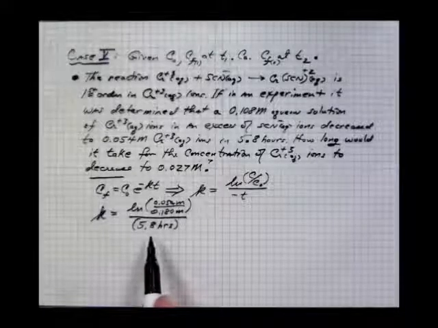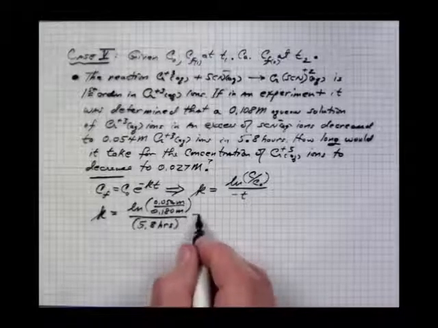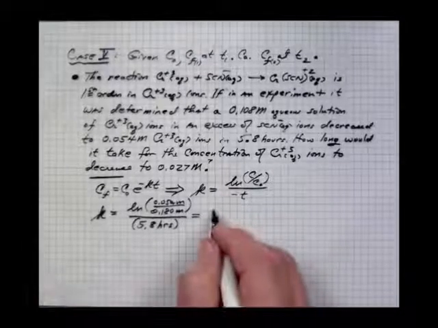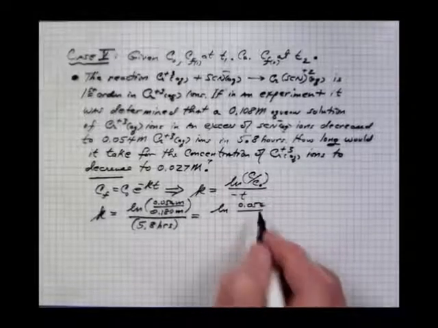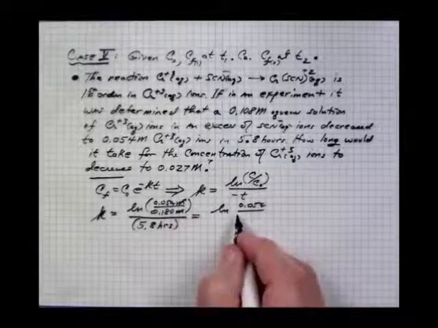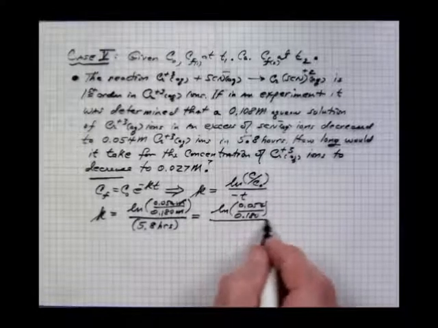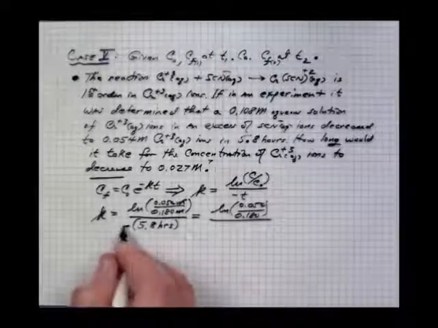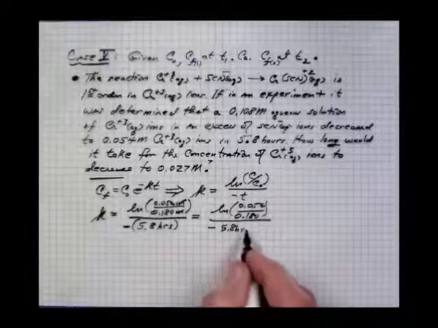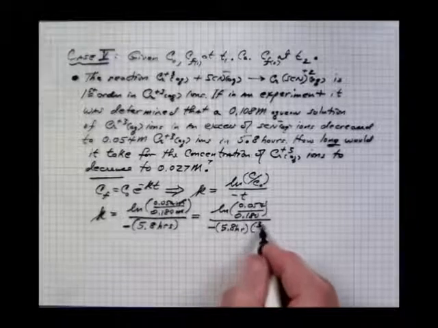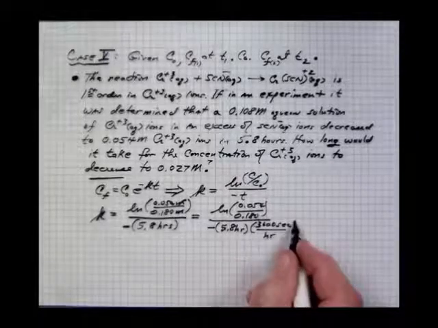Most researchers will do the seconds thing, so I'm going to convert this to seconds just for interest. Molarities drop out, and that's divided by a minus 5.8 hours times 3,600 seconds in 1 hour.